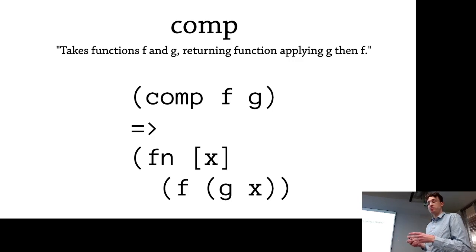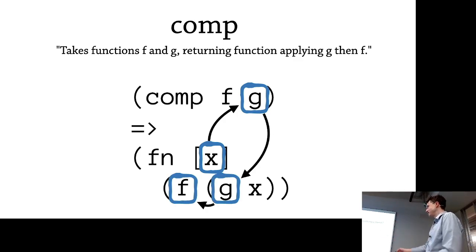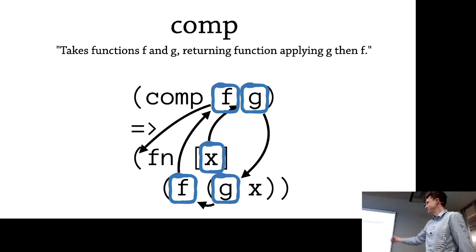It's actually not that bad, but it gets a little messy. So we get an X here, and then you see at the end of this spec, it says applying G then F. So we apply G, and then apply F, and then the output of F, implicitly, is the output of the entire function.